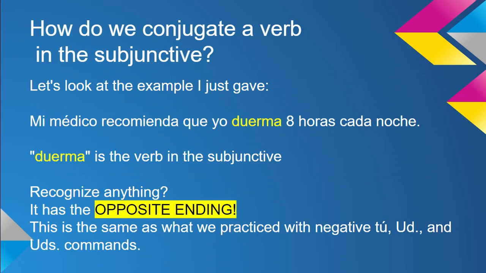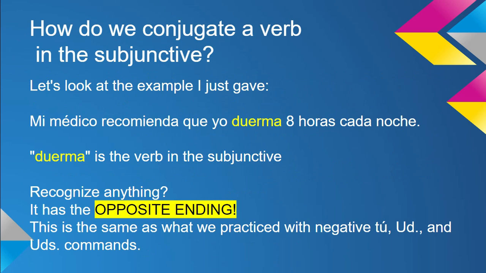So what we talked about before with the yo form, drop the o, opposite ending, that's the subjunctive. Which kind of makes sense to me, because commands are in the subjunctive because you're influencing somebody's actions. This is the same thing. You're kind of telling a command indirectly in these sentences. So yo form, drop the o, opposite ending, that's the same rule we're going to stick with for the subjunctive, the same rule that we did with ustedes, usted, and tú commands.